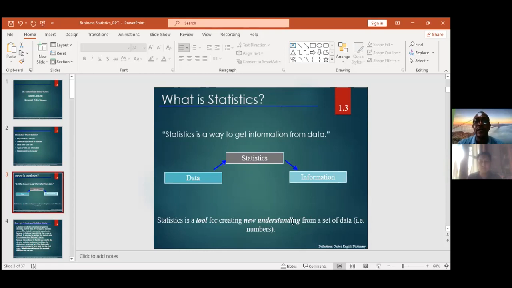When you have a data, the data itself may not be meaningful. The data becomes meaningful if you apply statistics. So statistics will enable you to analyze the data, to show description of the data so you can get more information about the data.